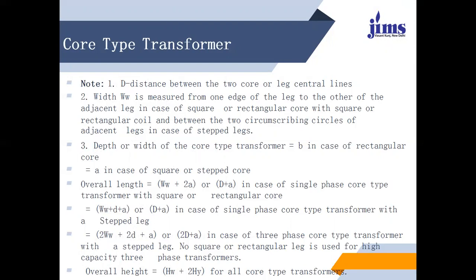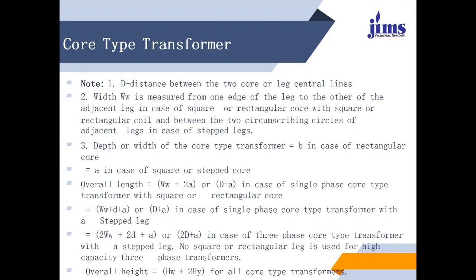Twice WW plus 2D plus A, or 2D plus A, in case of a three phase core type transformer with a stepped leg. No square or rectangular leg is used for high capacity three phase transformers. This is the basic condition which arises while making three phase transformers: no square or rectangular leg will be used.